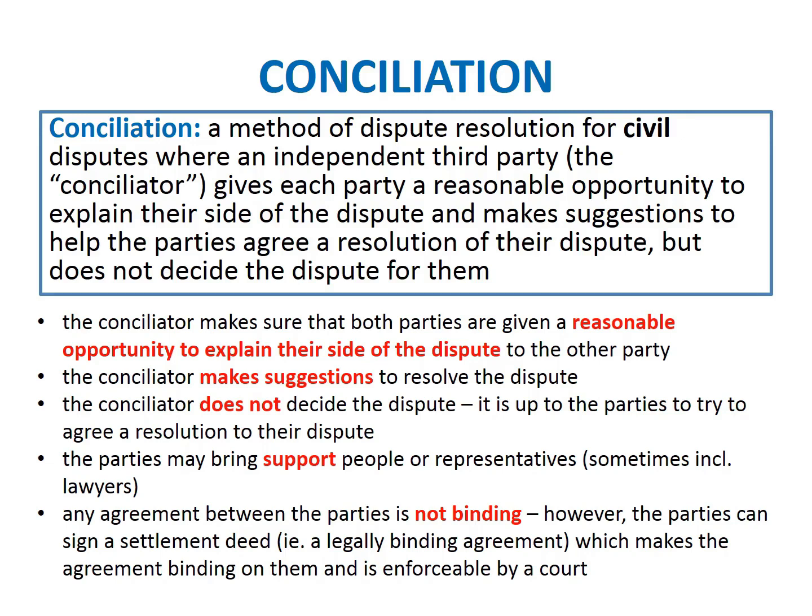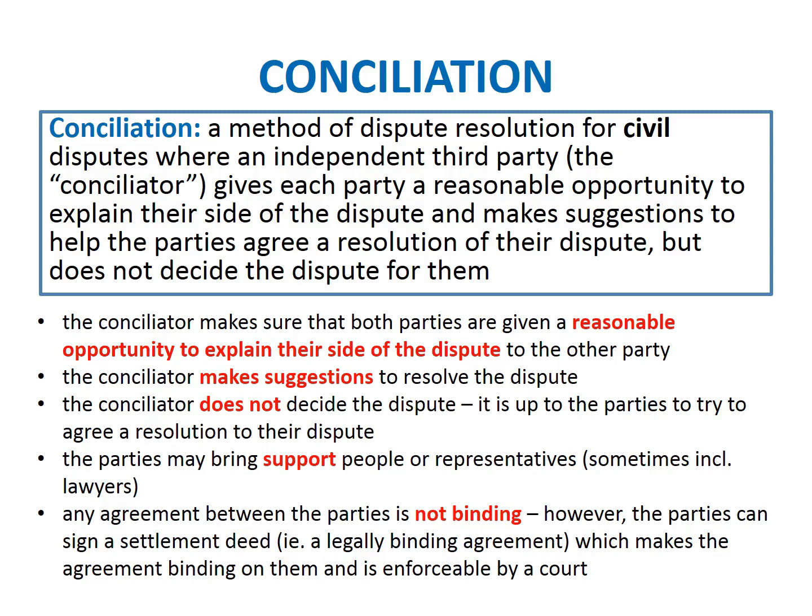Third, most importantly, and also like a mediation, the conciliator does not decide the dispute for the parties. Instead, it's entirely up to the parties to try to agree a resolution to their dispute. Fourth, also like a mediation, the parties may bring support people or representatives to the conciliation, sometimes including a lawyer.